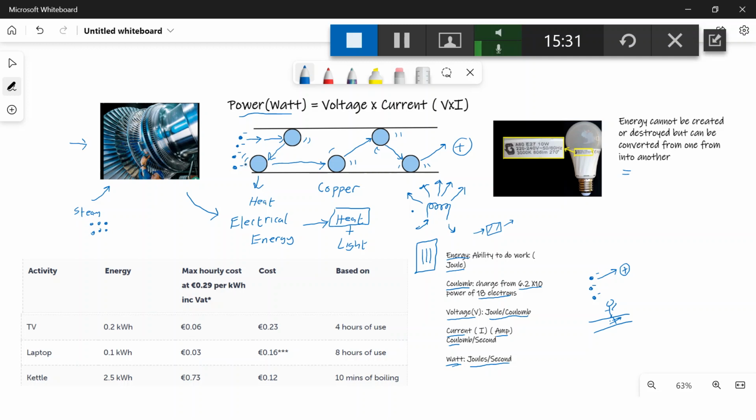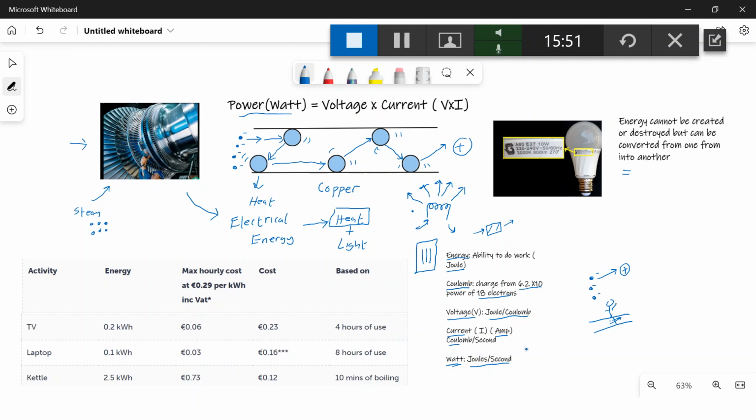So the harder these electrons hit the atoms in the conducting material, the more energy is going to be changed from one form, electrical energy, into another form of energy. That's essentially what voltage is doing.